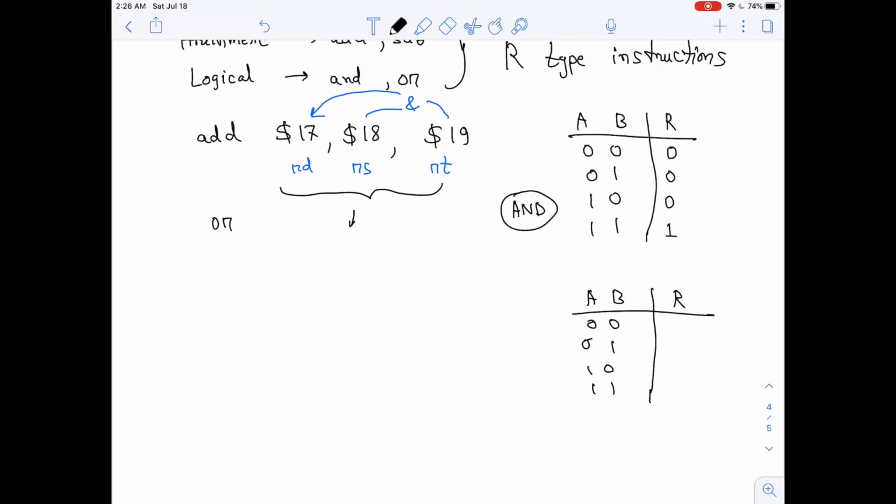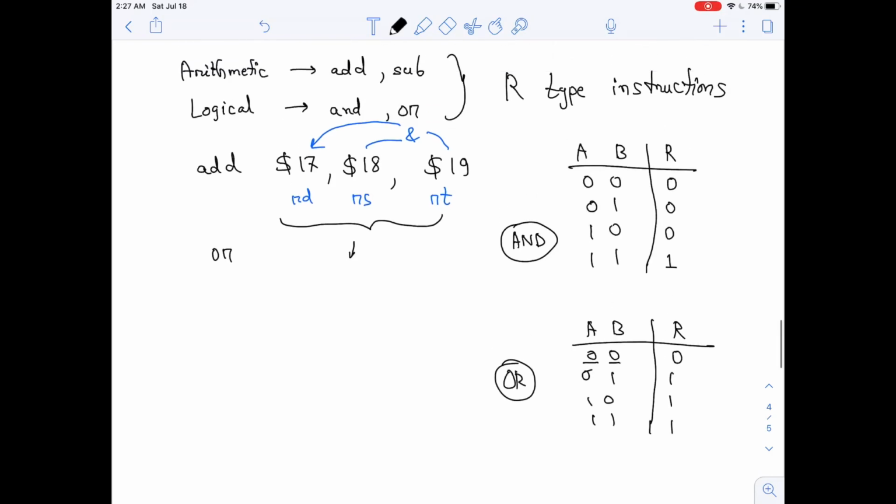For the OR operation, only when both the bits are zeros, you're going to have your result as a 0. Otherwise, for every other case, you're going to have a 1. And that is basically what the truth table for an OR operation looks like.